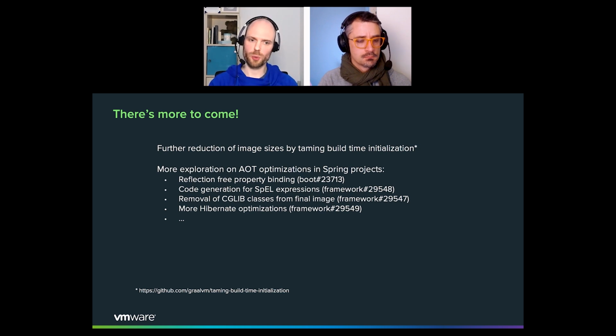We are already capturing CGLIB proxies at build time and including them in the native image, but there are still some CGLIB artifacts in your native image, which we hopefully can remove in the future to even reduce the image size. And there are more Hibernate optimizations to come. There are quite a lot of those in the framework already, but we hope we can put even more in so that if you're using Hibernate, and quite a lot use Hibernate in their Spring projects, you get even more performance and image size reductions.